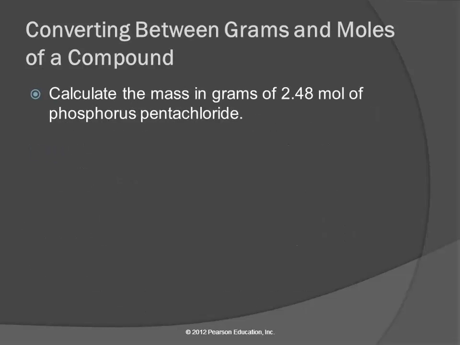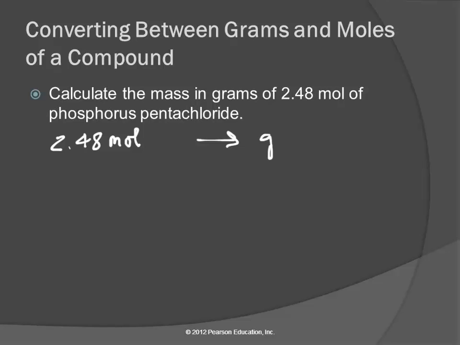So let's do an example here. Calculate the mass in grams of 2.48 moles of phosphorus pentachloride. So they're giving us 2.48 moles, and they're asking us to convert to grams. So we learned today that we can convert between moles and grams. We need a molar mass. That's the conversion.